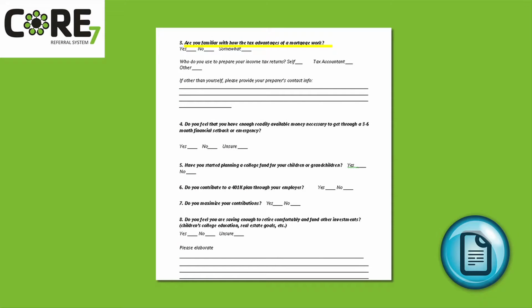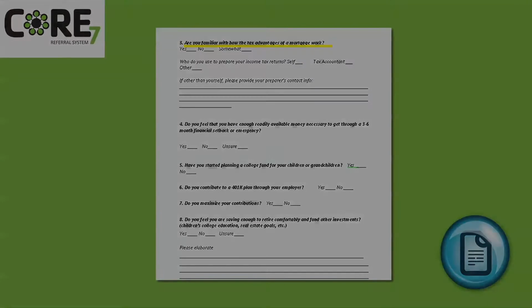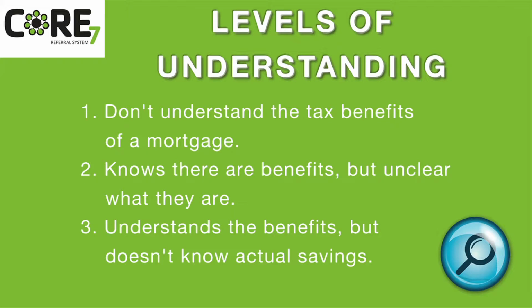Question number 3. Are you familiar with how the tax advantages of a mortgage work? Most often, clients select a maximum monthly payment value because they are not 100% familiar with the mortgage's tax advantages. Most clients, even the most educated, fall into one of 3 categories. Number 1, they don't understand the tax benefits of a mortgage at all.